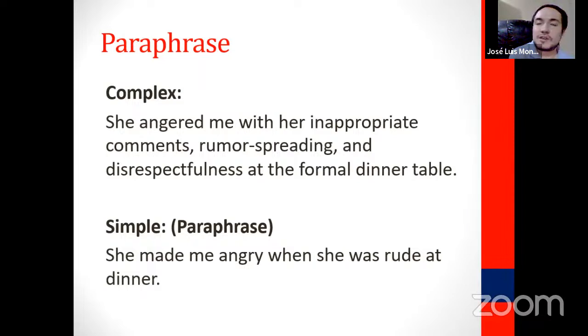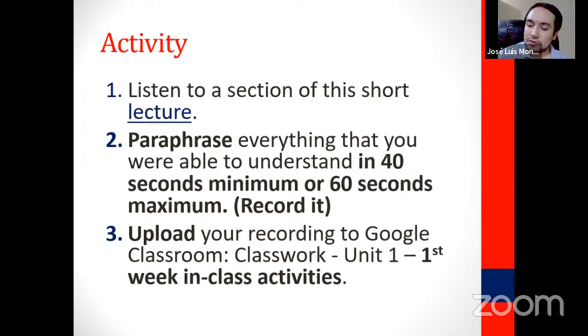Of course, that's said in a very formal way, but we can simply say she made me angry when she was rude at dinner. So again, this is important because we always have to try to say things in a different way.